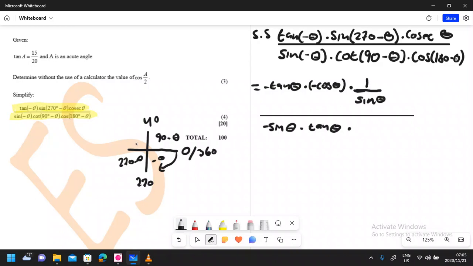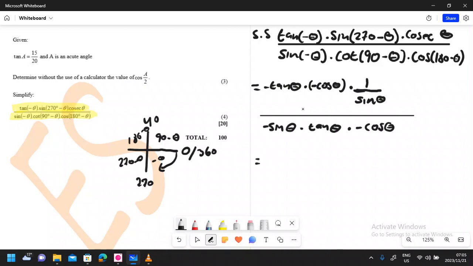So with 180 minus, where is that quadrant? 180 minus is the second quadrant. This quadrant here. 180 minus theta. So the second quadrant here, we know that cos is not positive, so it's going to be negative cos. There we go.